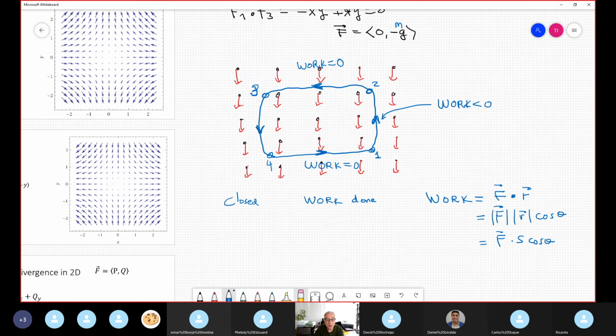However, between 3 and 4, we have the same direction, so the displacement and the force are in the same direction, therefore the work is positive. And by the way, this work and this work are exactly the same for the opposite direction. So the work done in the closed trajectory is 0.